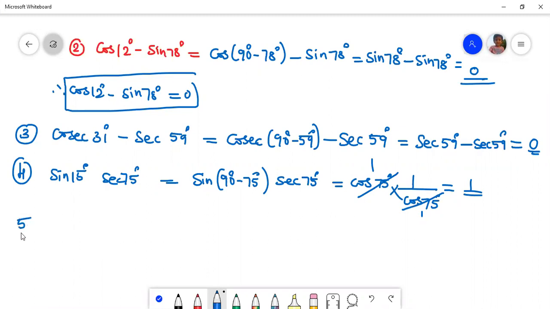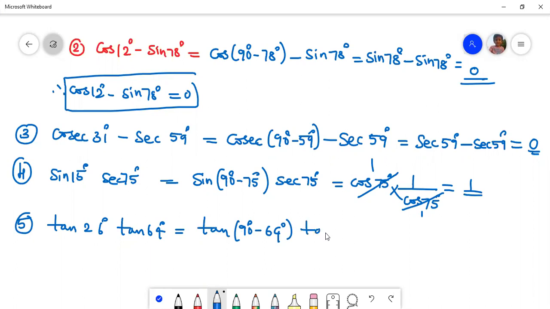Fifth one: tan 26 degrees tan 64 degrees. You can change any one of the factors, either tan 26 degrees or tan 64 degrees. You change only one, not both. Here I take 26 degrees replaced with tan of (90 degrees minus 64 degrees), then I am getting the same 26 degrees.